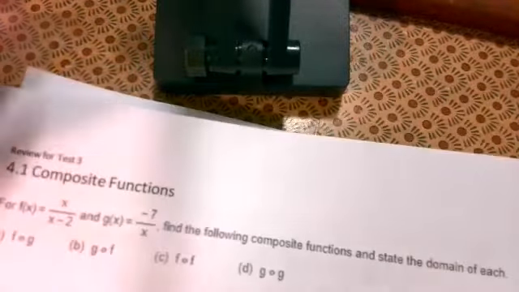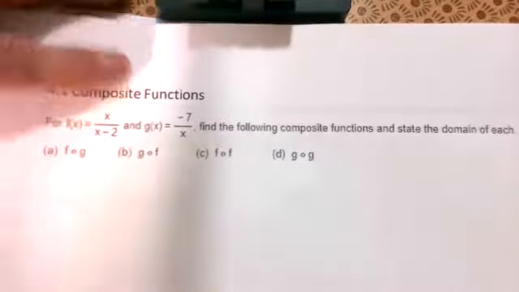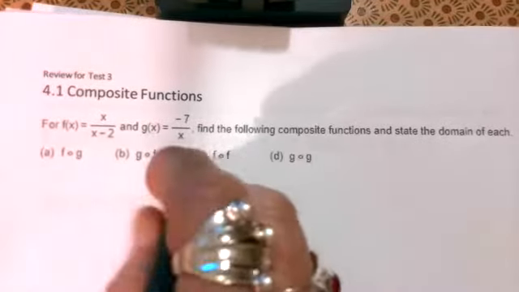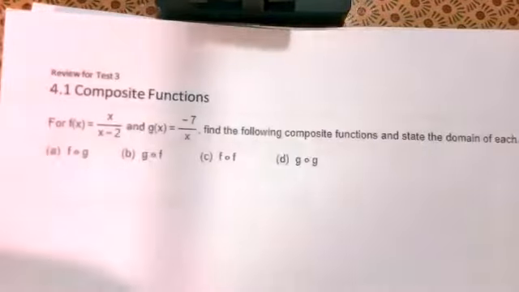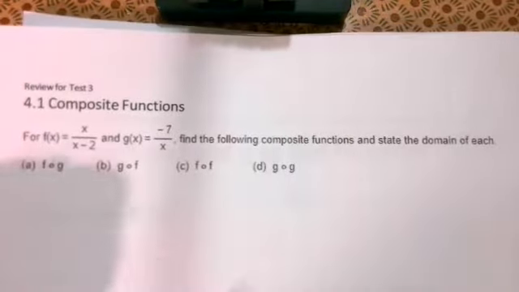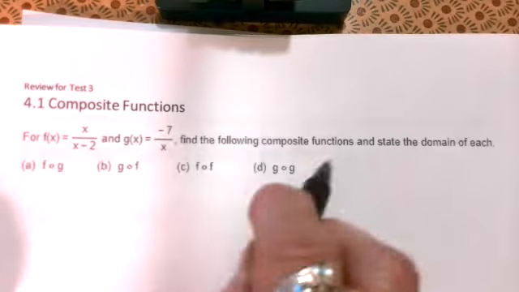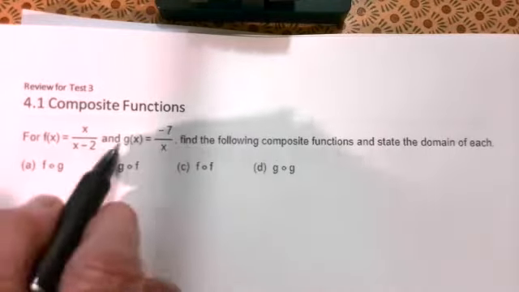And so remember, for the composite function, you've got two functions. Well, it could be a composite of a function with itself. But say you have two functions, f and g, find the composite function and state the domain of each.